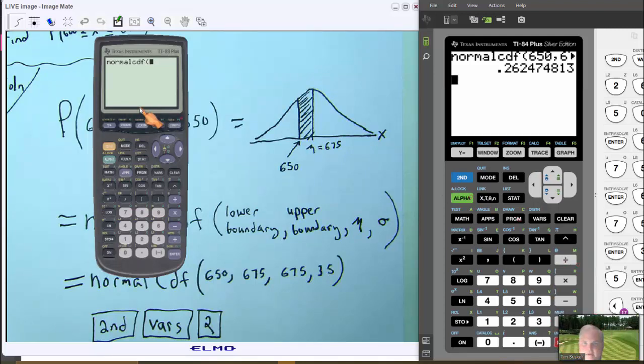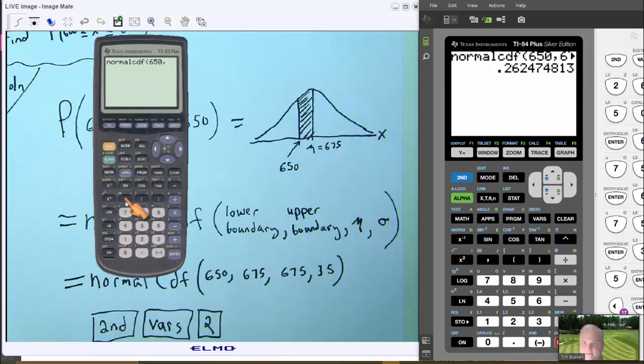Over here on the TI-83, to do the same thing, you press second VARS 2. It pastes the normal CDF command to the home screen, and you have to manually enter in the four inputs. So we're going to do that now. The inputs have to be separated by a comma, and notice the comma is right above the 7.